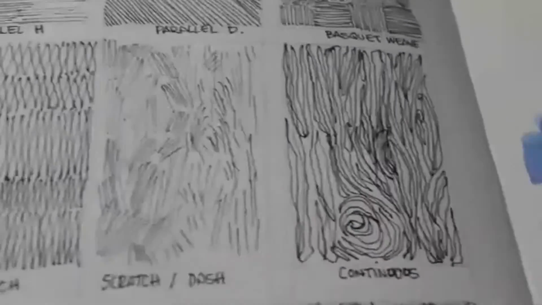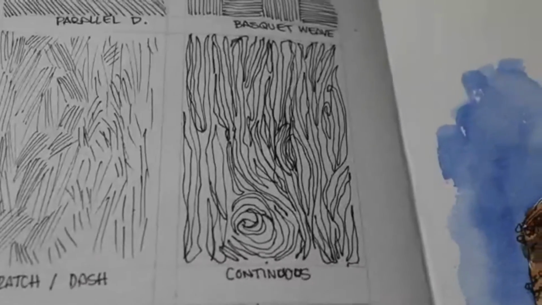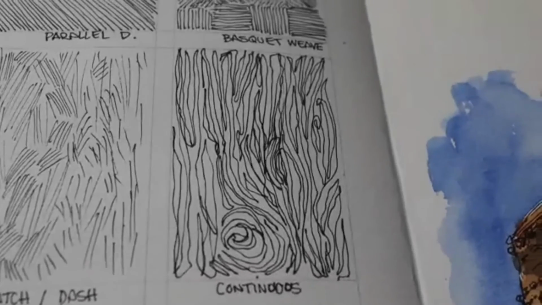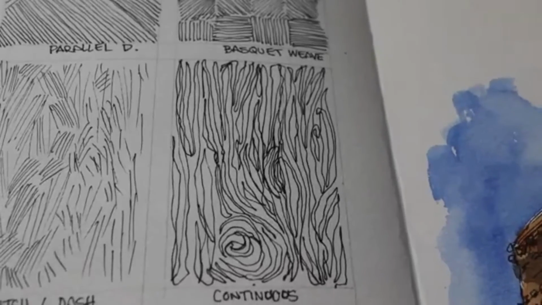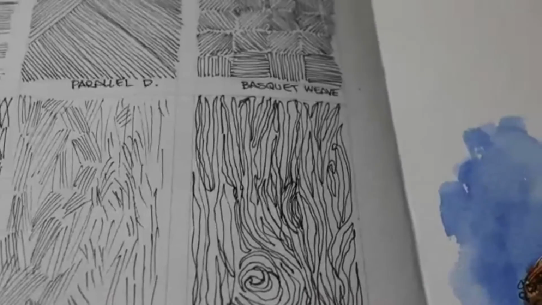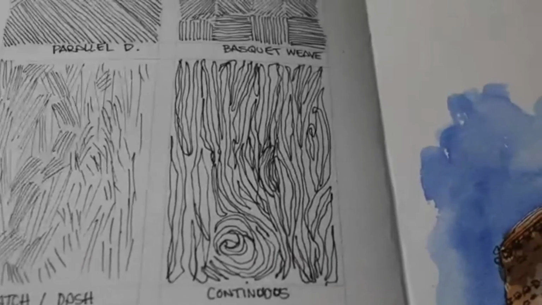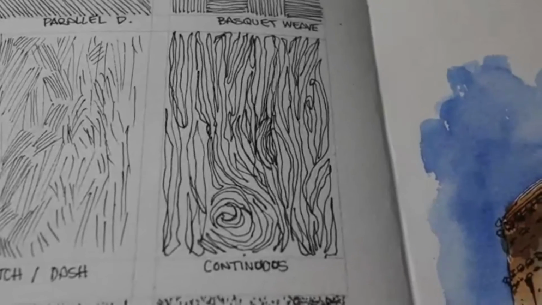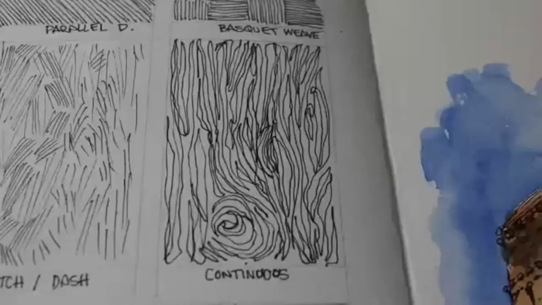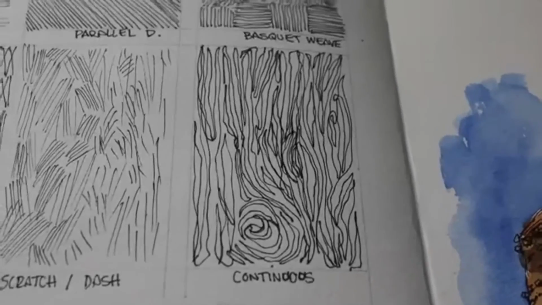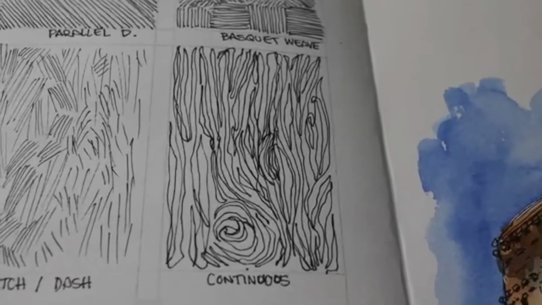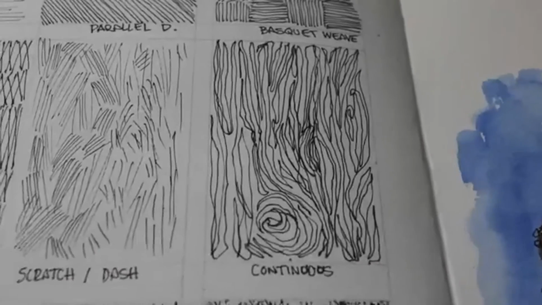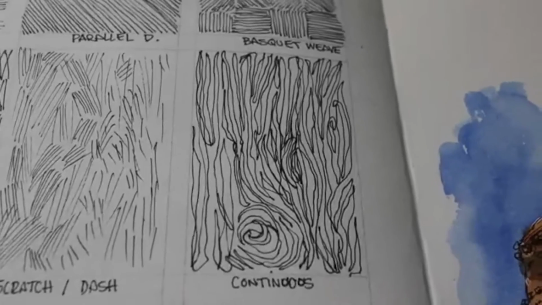And then here, more rhythmic, more going with the form, not as parallel in terms of how the lines follow each other. Here we have a continuous line. This is what we've been doing with some of our contour drawings where you don't lift the pen, and this line just follows the form, creating the texture. Obviously, you can see it's more organic. It could maybe be used for trees, plants, and it is actually mostly used for that. But you could see this in a portrait, maybe in a figure.